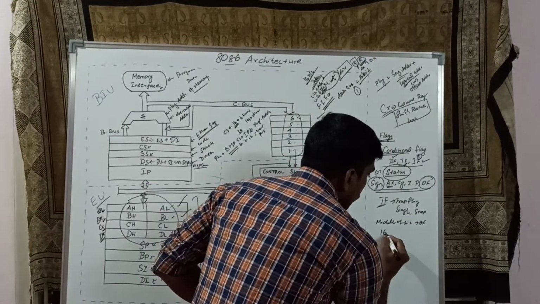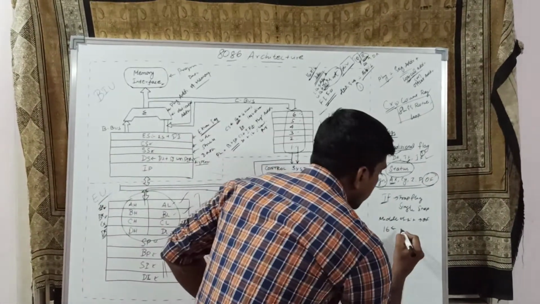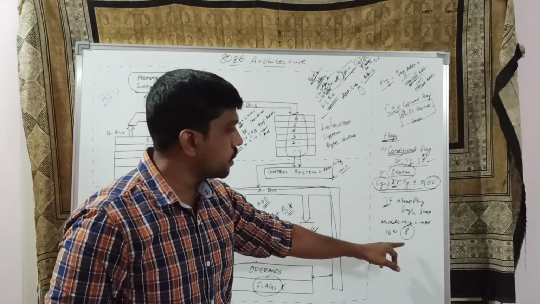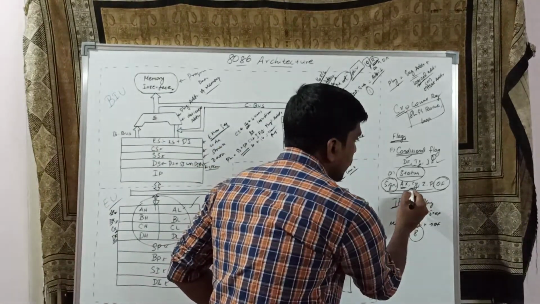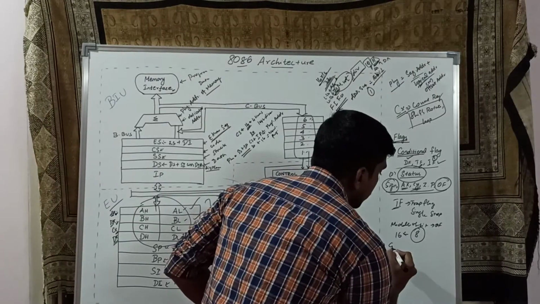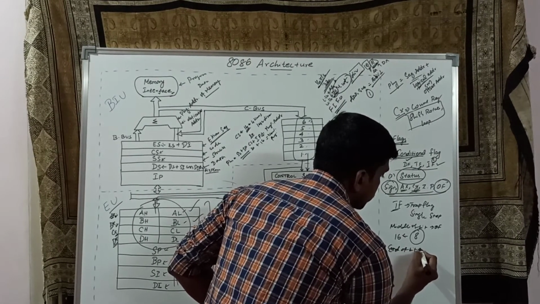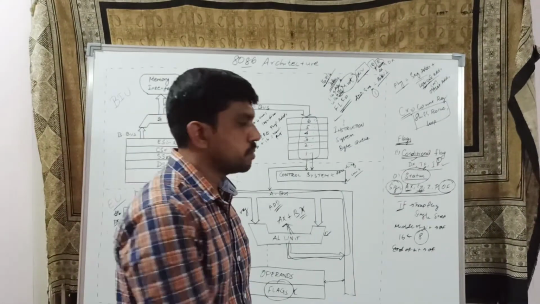Here the microprocessor maximum data width is 16. In the 8th bit, if any overflow occurs, it is called an auxiliary carry. Then carry: the carry flag is at the end of the bits. If any overflow occurs at the end, it is called the carry bit.